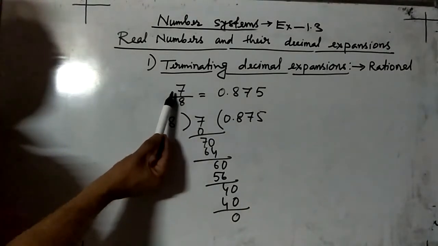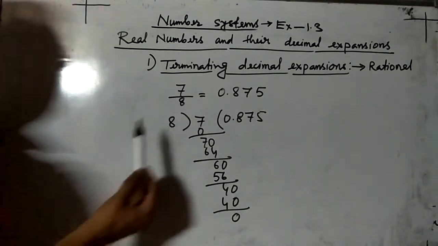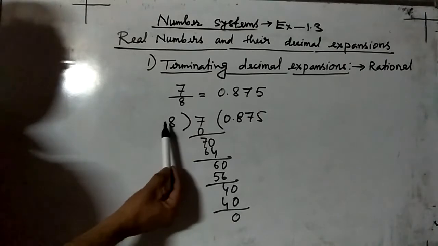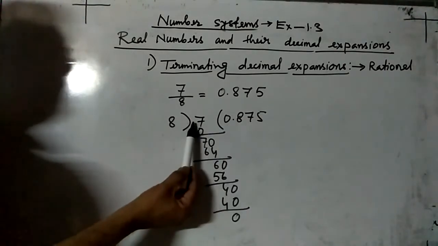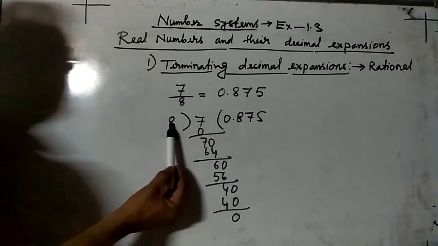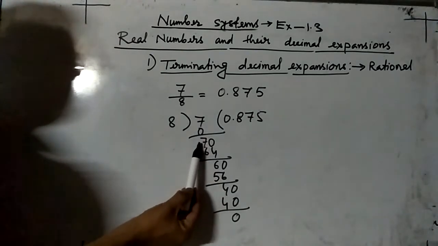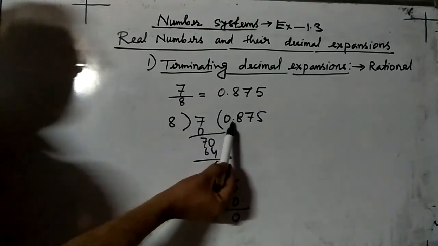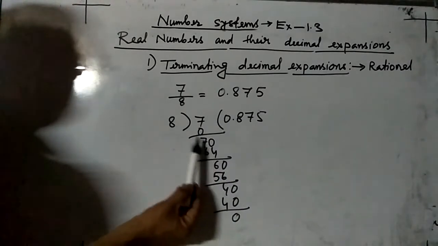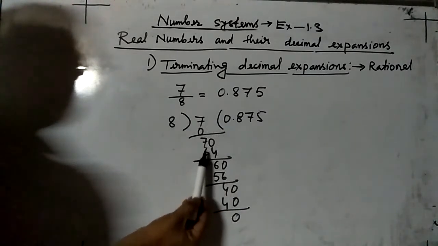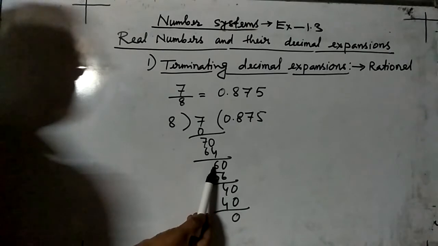Take one example, 7 by 8, right? If we divide 7 by 8, 7 is smaller than 8, so 8 zeros are 0. 7 minus 0 is 7, put a point and take 1 0. Now 8 8s are 64, if you subtract then 6.